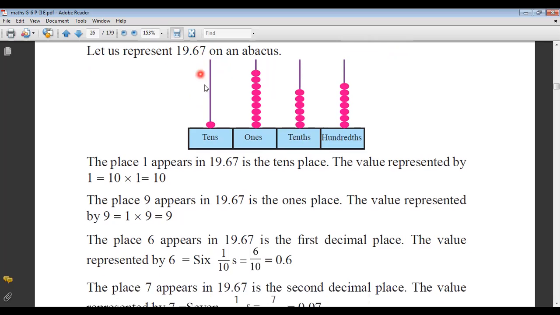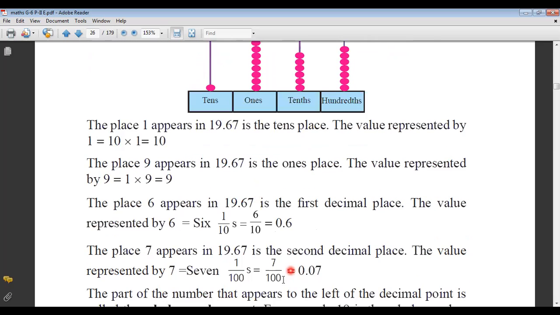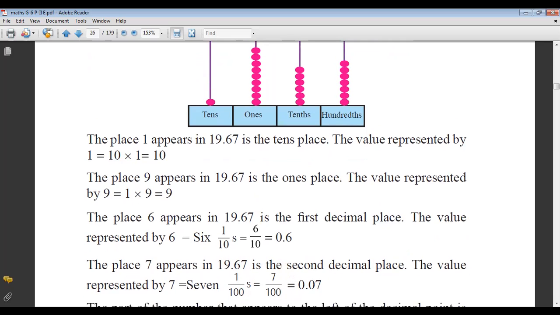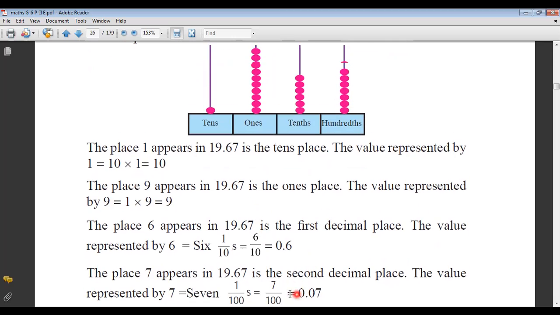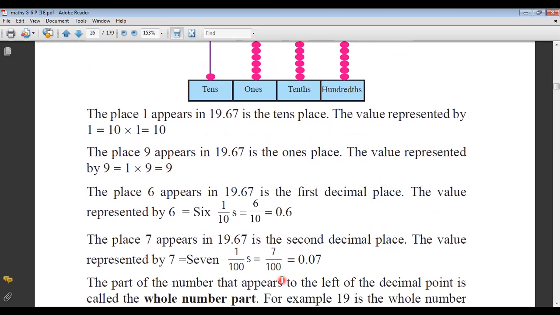That is on the second decimal place. So the 7 is 7 out of 100. Second decimal place means 100. So how to write it in decimal? Write 7 here, then to make it two decimals, you have to put 0 here: 0.07.